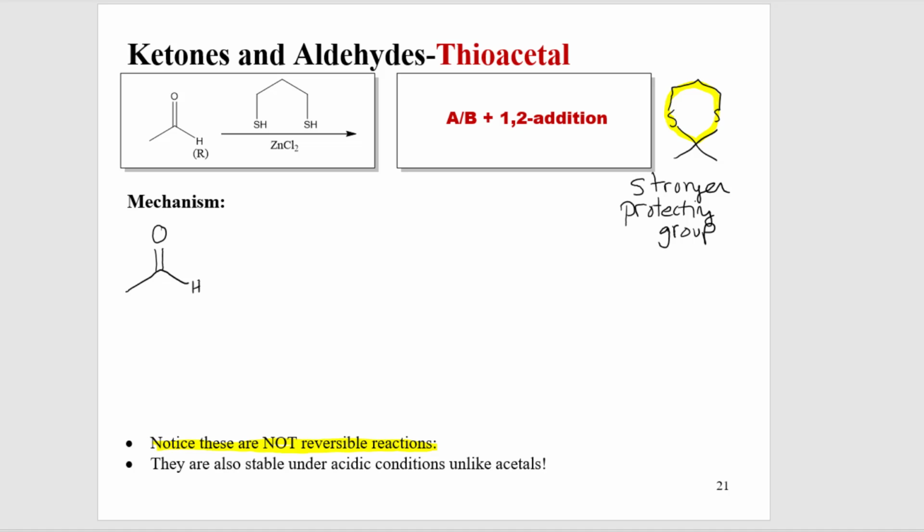They have some other benefits that regular oxygen acetals do not have. What you'll notice and probably be thankful for is that the mechanism is exactly the same. Don't be scared by the reagents. We're just going to use a Lewis acid instead of a protic acid. So a Lewis acid like zinc chloride. You can pop one of the chlorines off.